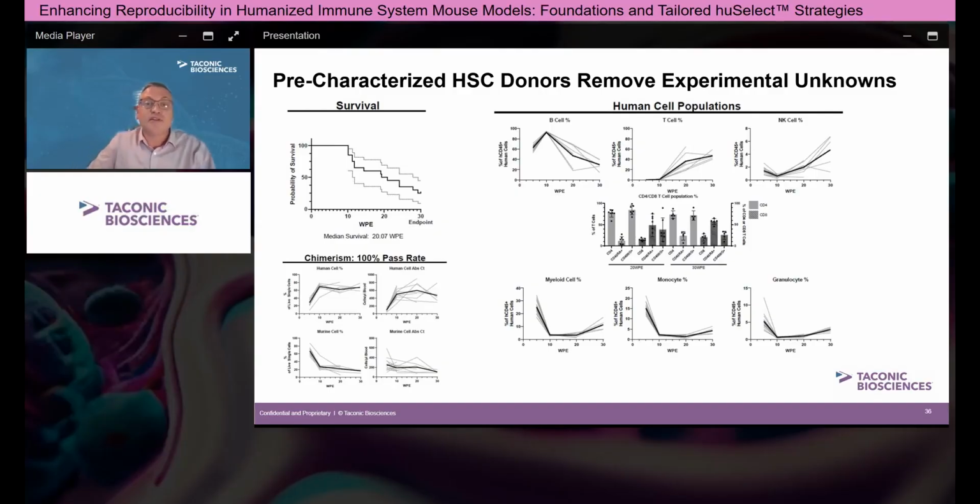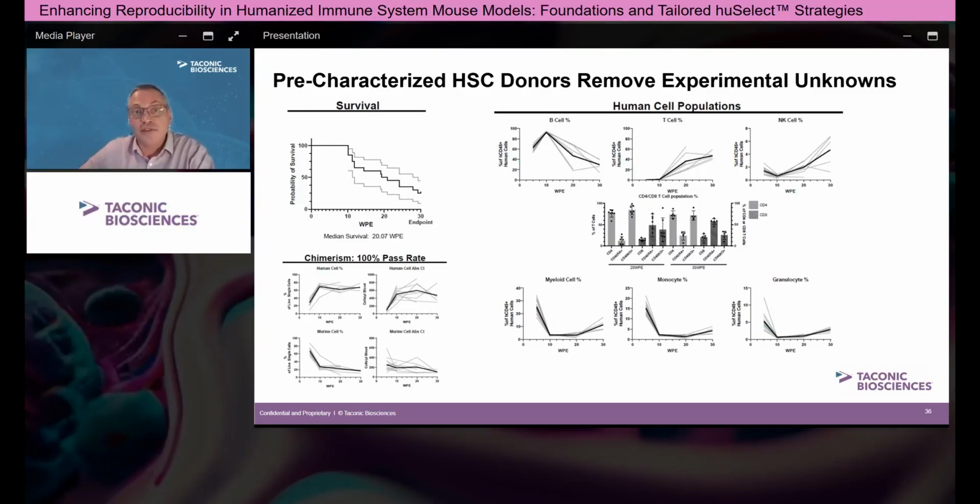So this is an example of some of the pre-characterization data that we have generated for many of the different stem cell sources within our repository. This is looking at survival post-engraftment, in weeks, so we can have a good understanding of how long, in this case on a HuNog EXL, you might expect that animal to survive.